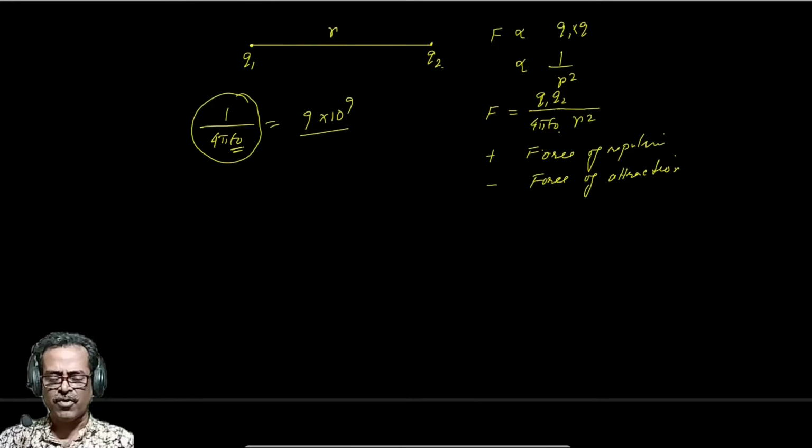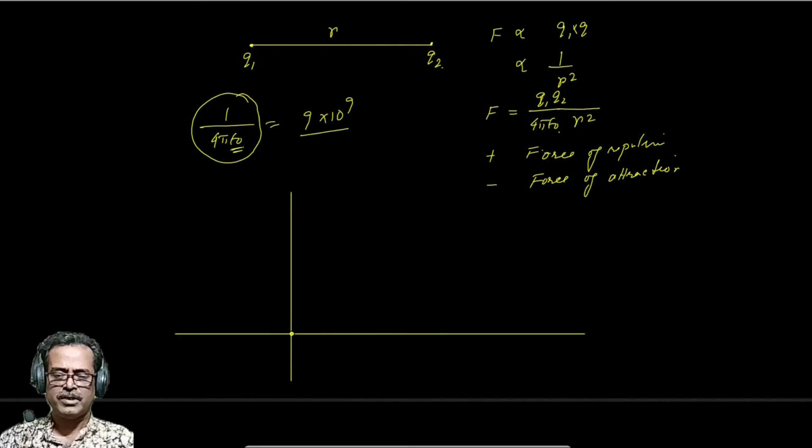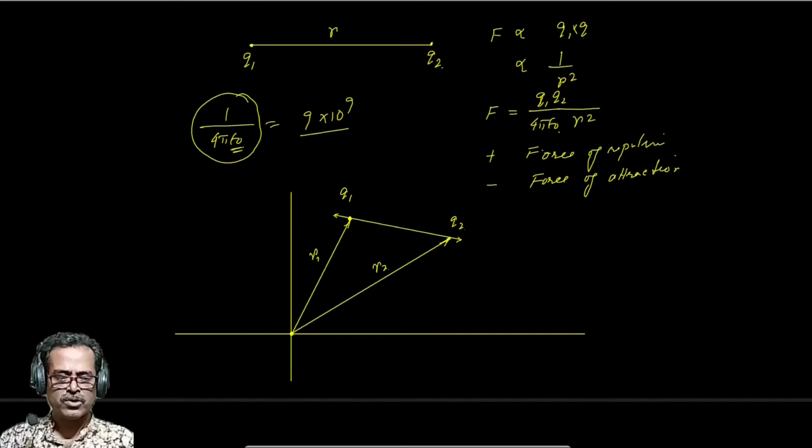Now, the vector form of Coulomb's law. Suppose this is the origin and there are two point charges Q1 and Q2. The position vectors of Q1 and Q2 are respectively R1 and R2. This is R1 and this is R2. Now, this is the force on the charge Q2 due to Q1.